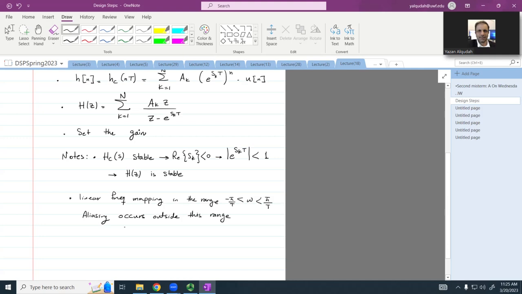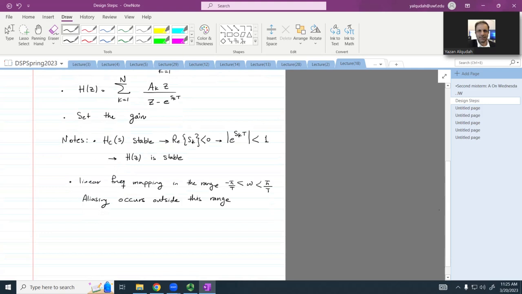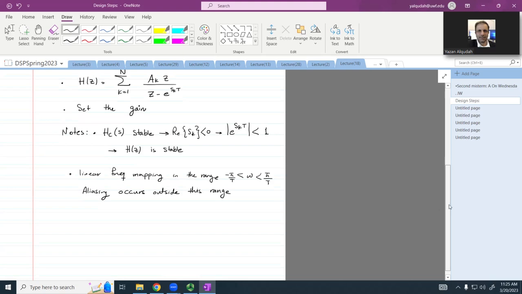This comes from the graph that we did in the previous slide. The range between negative pi over T and pi over T will map to the whole circle. Anything outside is going to wrap back and give us aliasing.